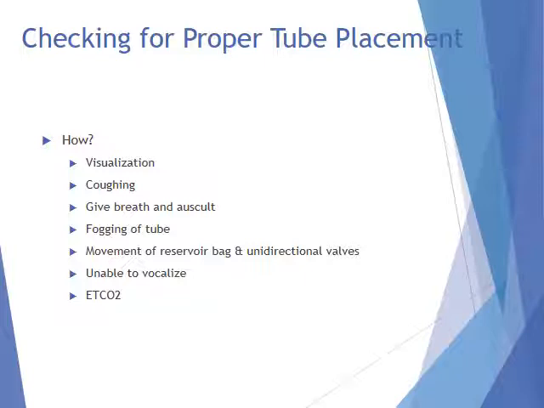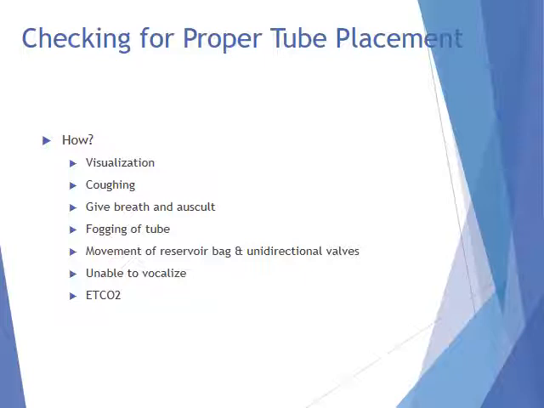I just wanted to remind you again, with cats, we want to be extra careful that we do know that the tube is in place. So we talked about making sure we can see it enter the glottis and we don't see it just disappear off into the esophagus. You want to give a breath and listen to both sides of the chest. We want to see that the reservoir bag and the unidirectional valves on the machine are moving.